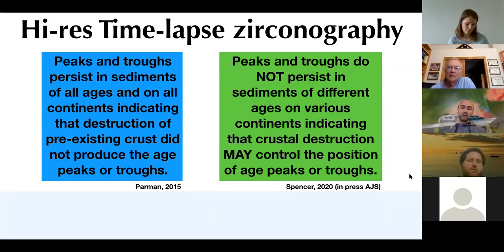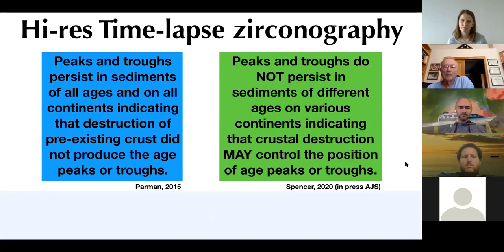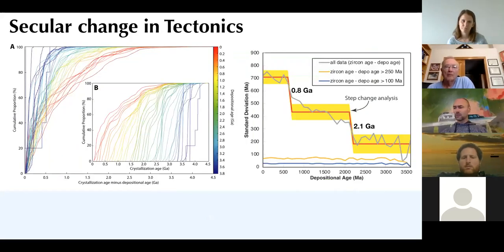Using the exact same parameters, the exact same methodology, the exact same type of data, we then got very different results. This paper was recently accepted in the American Journal of Science, so keep your eyes open for that. And then the last things that I'll talk about is where it starts to get really arm wavy.